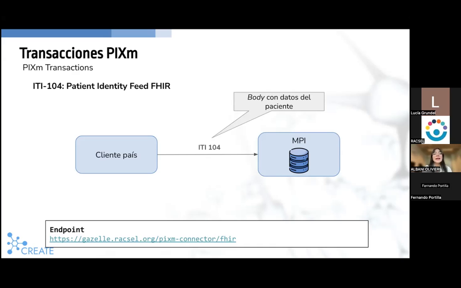One of the main transactions in the profile is the ITI-104, which is the Patient Identity Feed. And how do you interact with this tool as of this transaction? I, as a country client, send an ITI-104 request, which will have a body with the patient data that I would like to upload into the MPI. Here we have the endpoint of this transaction.